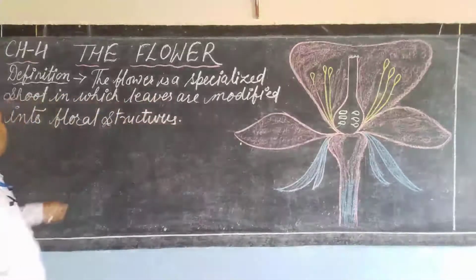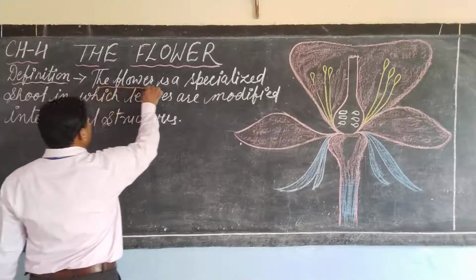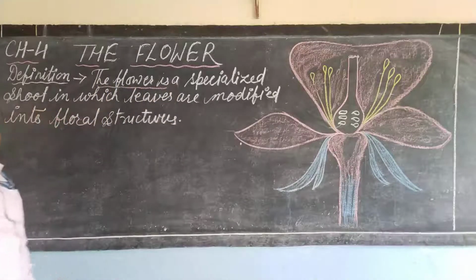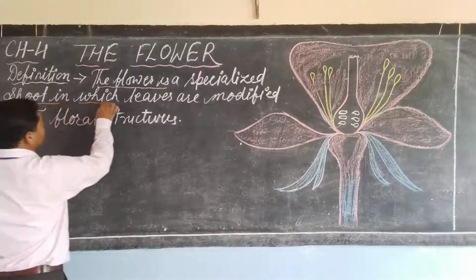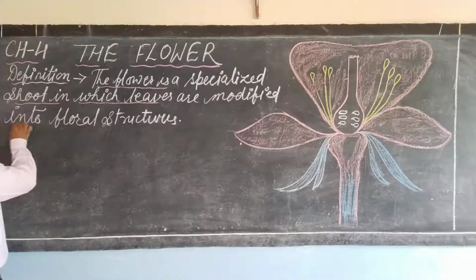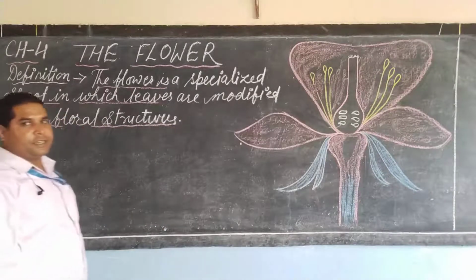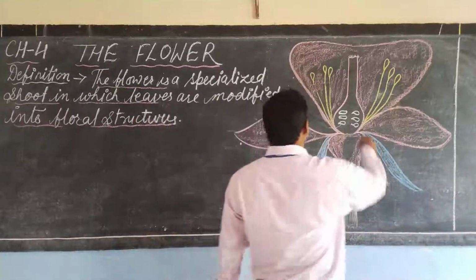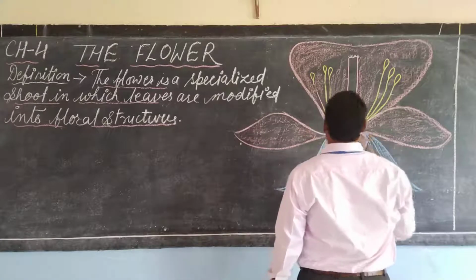So how can we define flower? The flower is a specialized shoot, part of the shoot, in which leaves are modified into floral structure. Dear student, this is the structure of the typical flower.